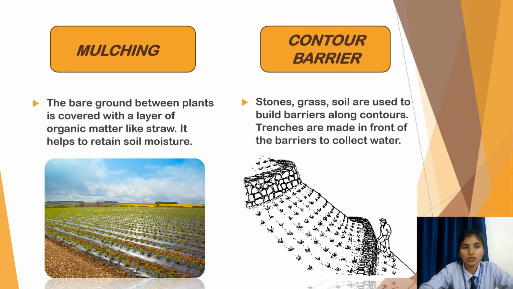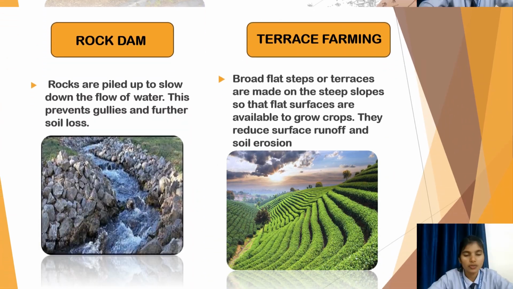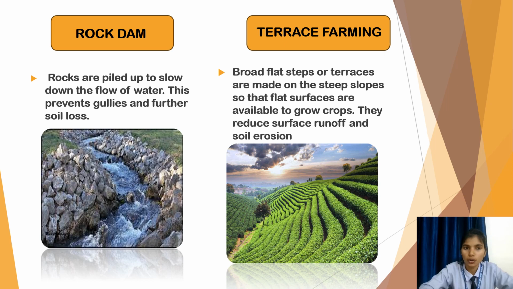Now let's move to the next conservation measure, that is rock dam. Basically in this, rocks are piled up to slow down the flow of water, through which it prevents soil loss, or it helps in reducing soil erosion. Next is terrace farming.